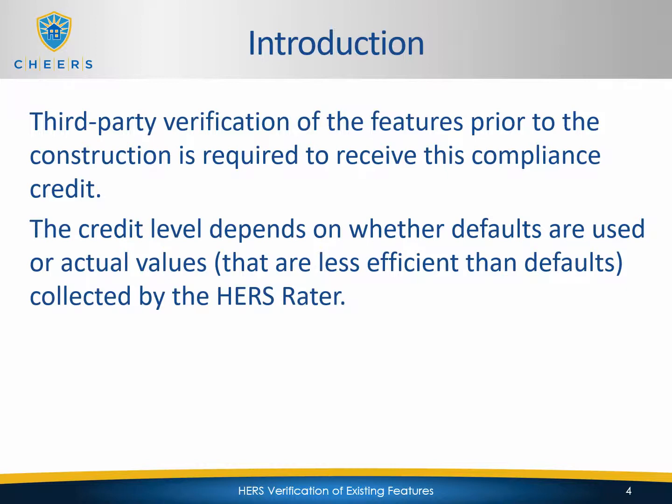So the Title 24 consultant will model those less efficient values. The HERS rater will then go out and verify that those less efficient values actually exist. And then when they do, that CF1R is allowed to be registered, showing those less efficient values, which in turn results in more credit available to the Title 24 consultant to get that house into compliance.